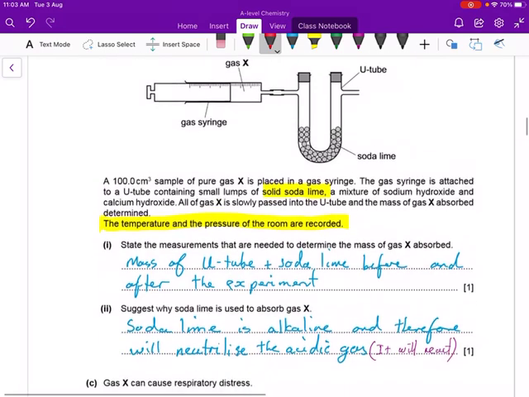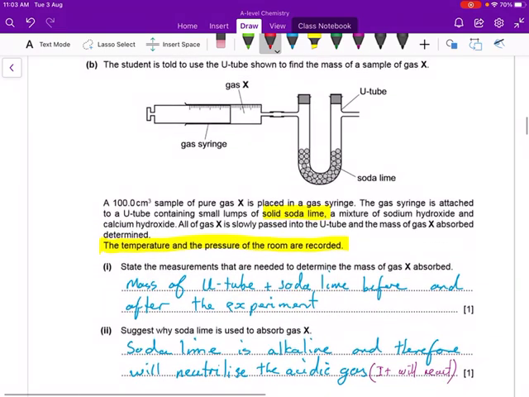Okay, so now they say you've got that gas and you're passing it through soda lime, and they're telling you what soda lime is. Well, it's a mixture of sodium hydroxide and calcium hydroxide, so something alkaline, because this gas is acidic. So immediately, acidic gas, alkaline substance, there's going to be a neutralization reaction.